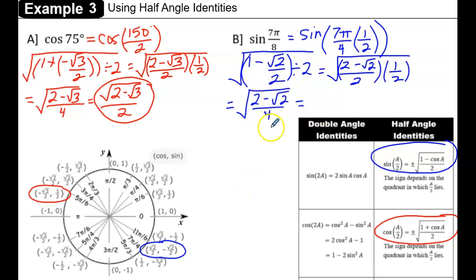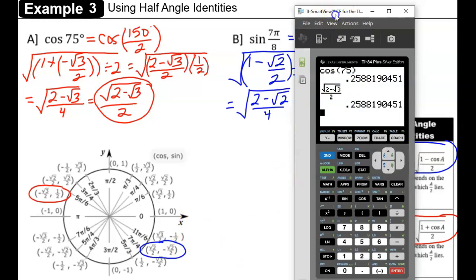So taking the square root of the numerator over the square root of the denominator, we'll have the square root of the quantity 2 minus root 2, all divided by 2. And we don't need to rationalize since there's no radical in the denominator.